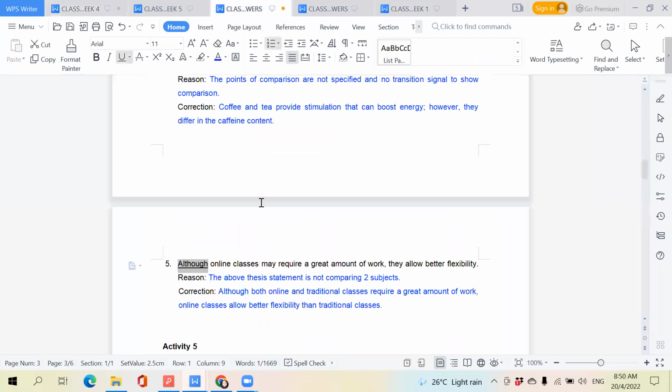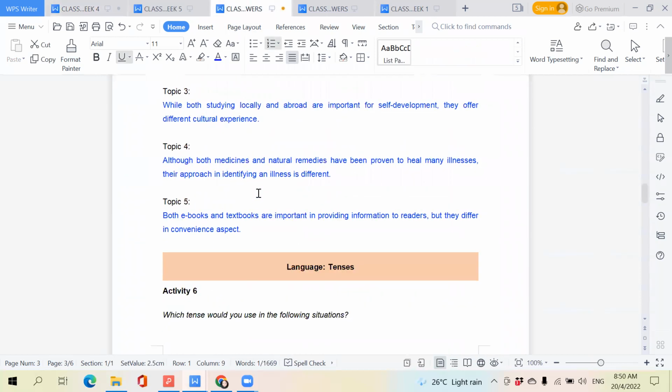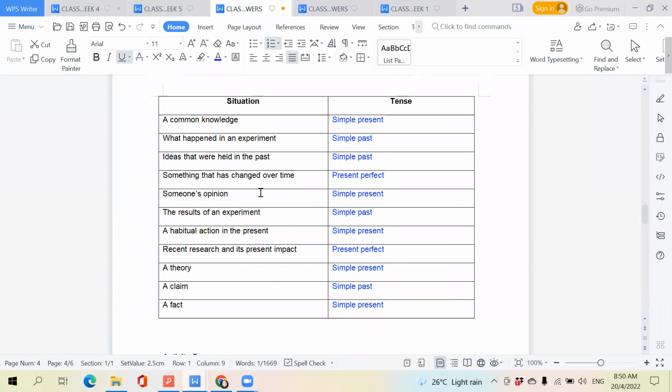According to the situation given here, a common knowledge uses simple present tense. Common knowledge means something that everyone knows, something that everyone agrees on. For example, Kuala Lumpur is the capital city of Malaysia. This is common knowledge. You cannot say Kuala Lumpur was the capital city of Malaysia.